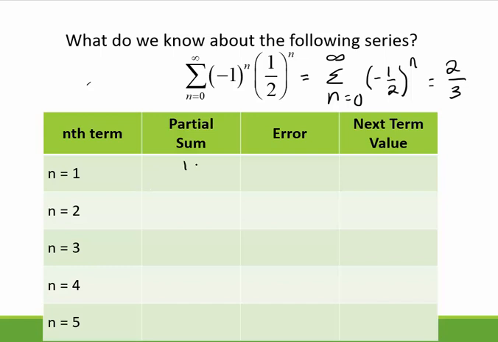So the first partial sum is 1/2. Error, which is the actual sum minus our partial sum, the absolute value of that is 0.16 repeating. The next term's value is 0.25.